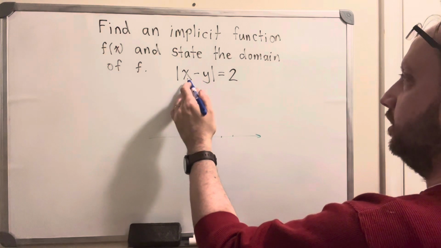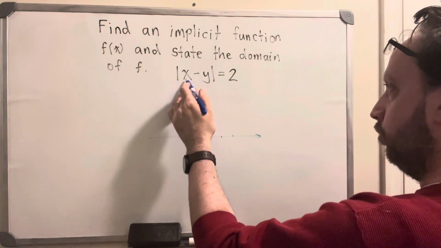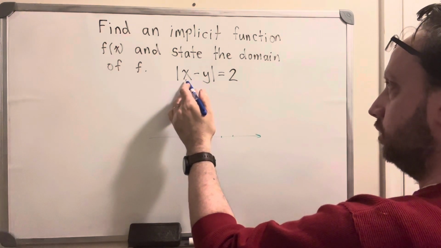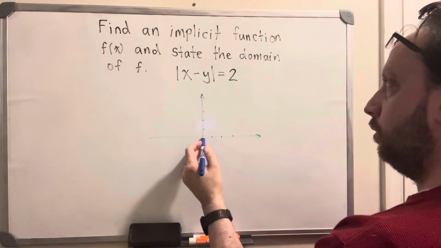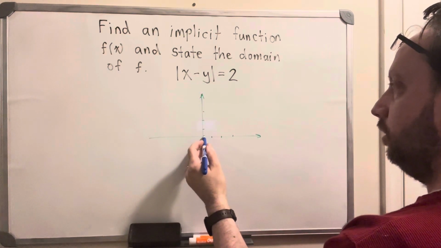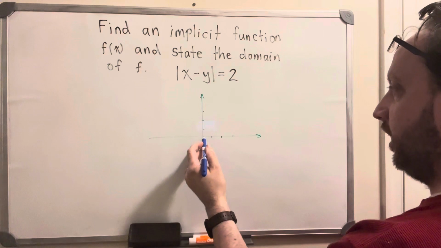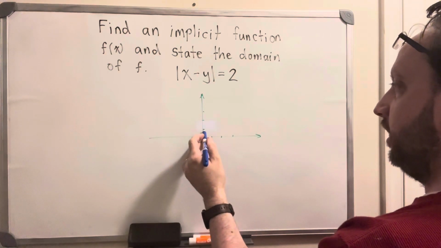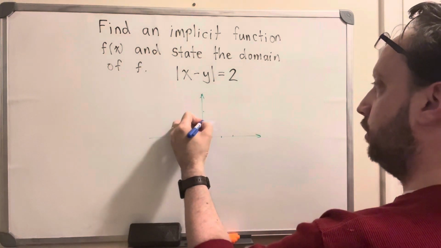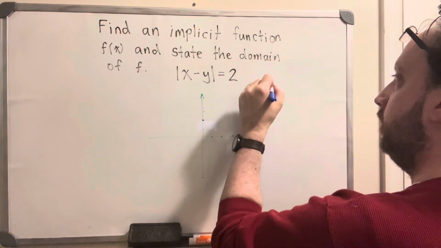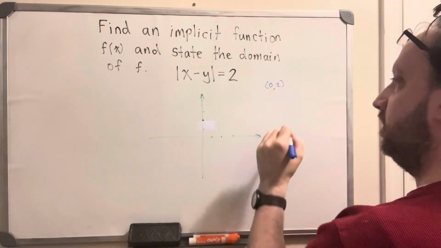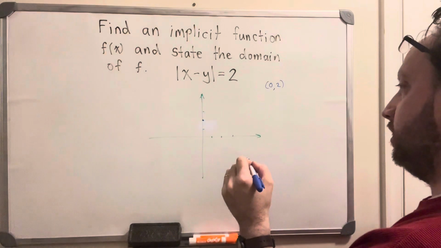If x were equal to 0, what would y have to equal? Well, it could be either 2 or negative 2. Let's say that it was 2, because 0, 2 is on this line.